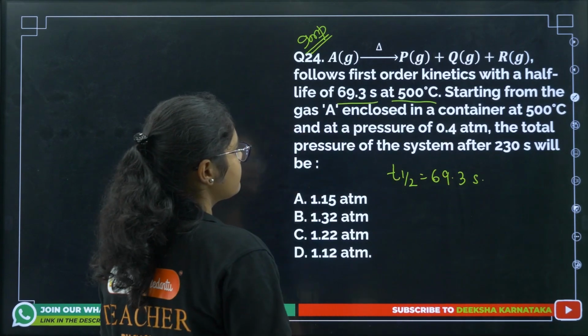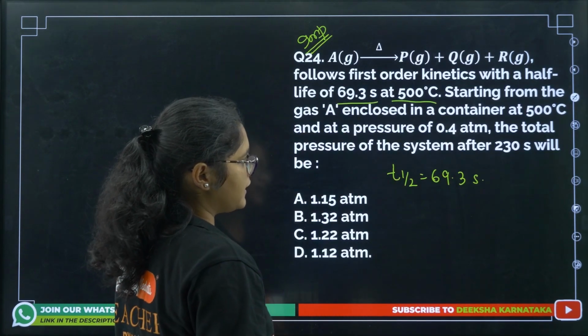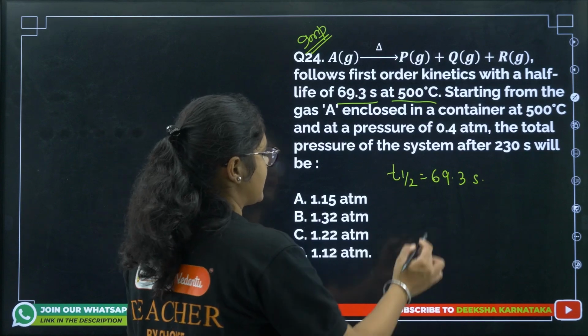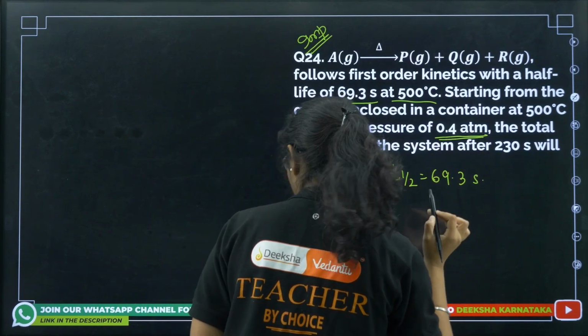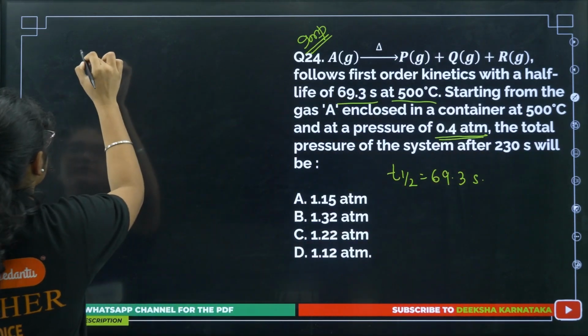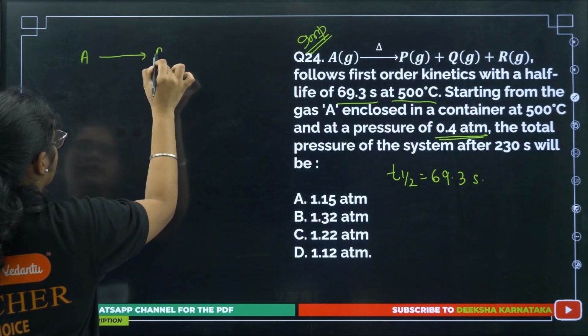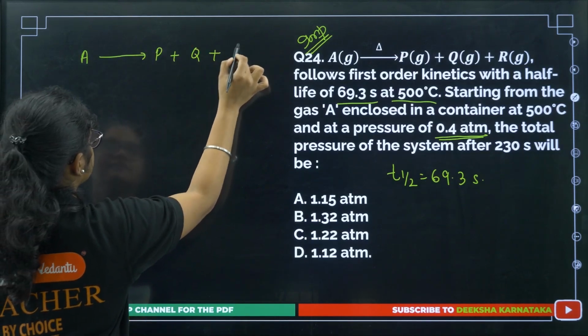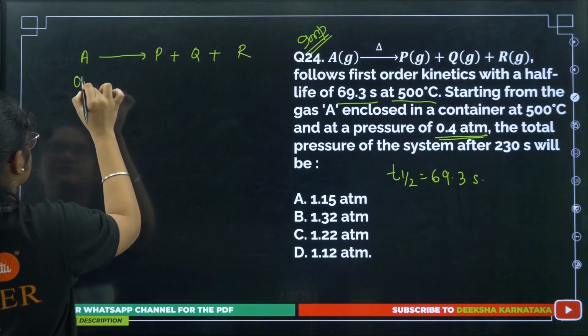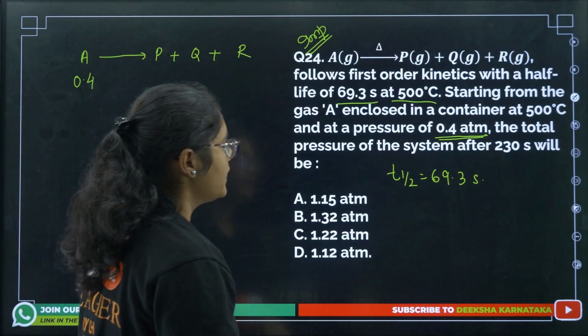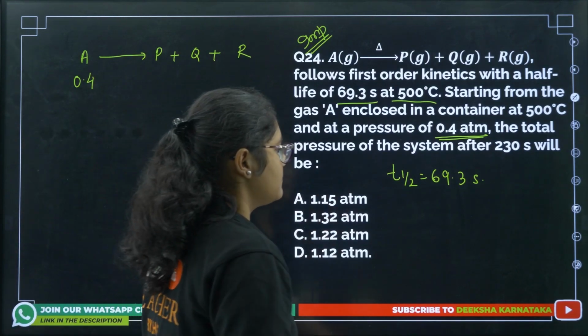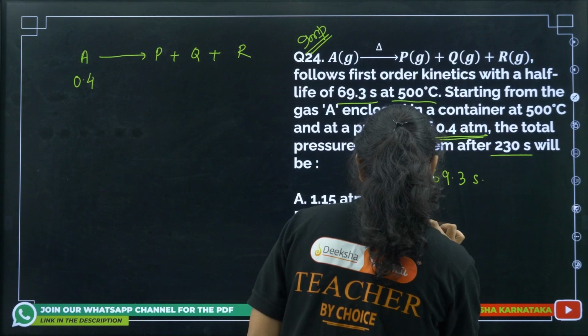Starting from the gas A enclosed in a container at 500 degrees Celsius and at a pressure of 0.4 atm, so let us write it like this: A gives P plus Q plus R, and A is 0.4 atm. The question asks for the total pressure of the system after 230 seconds.